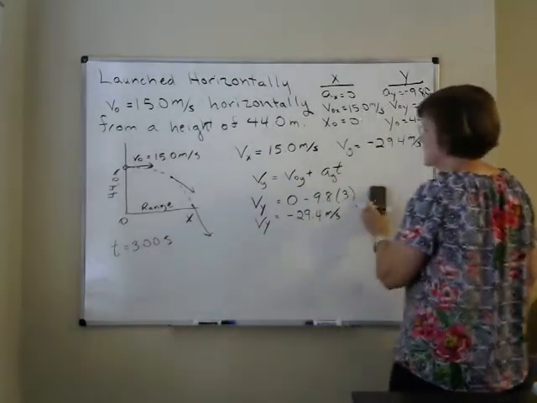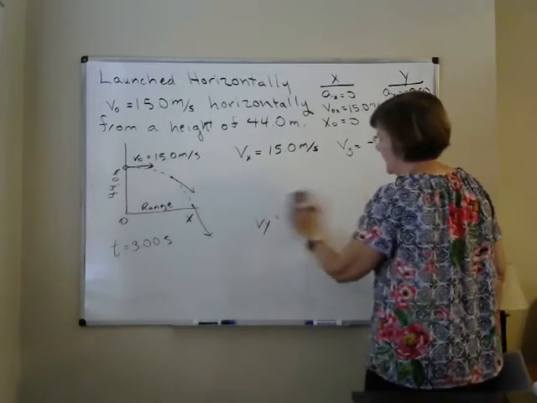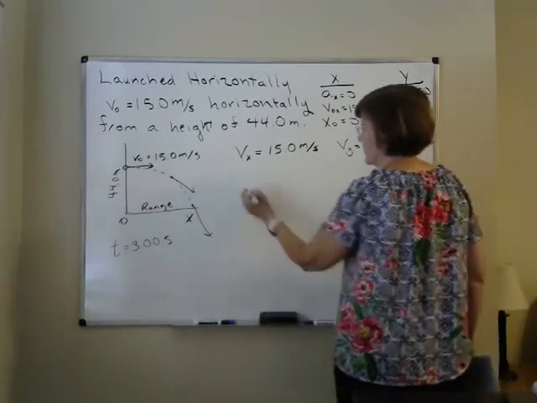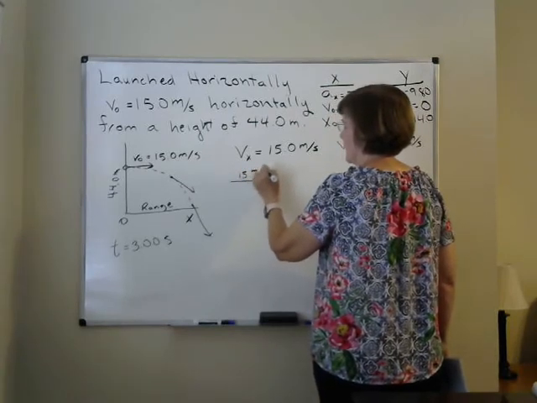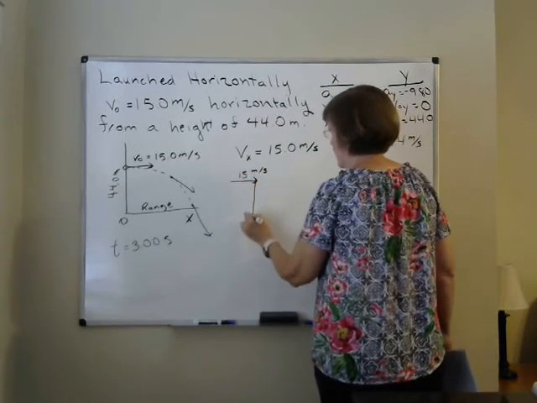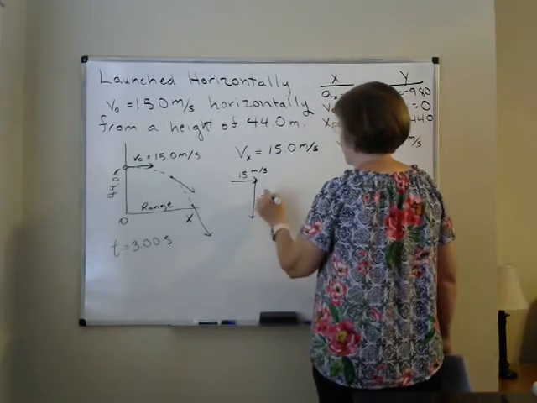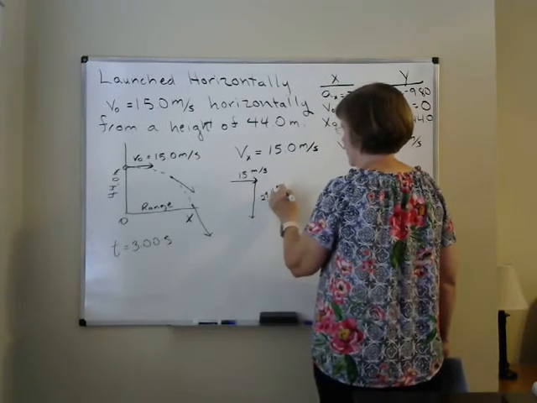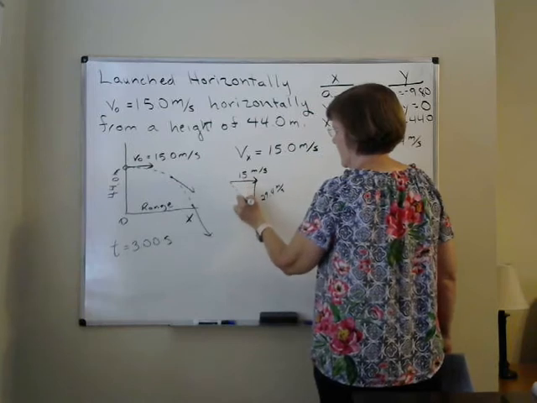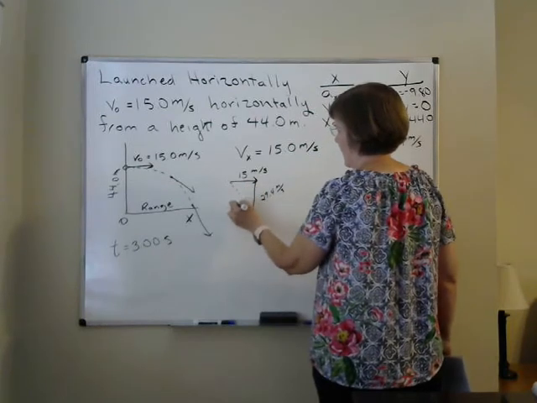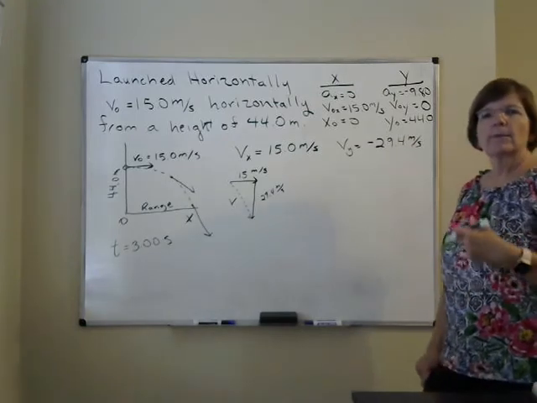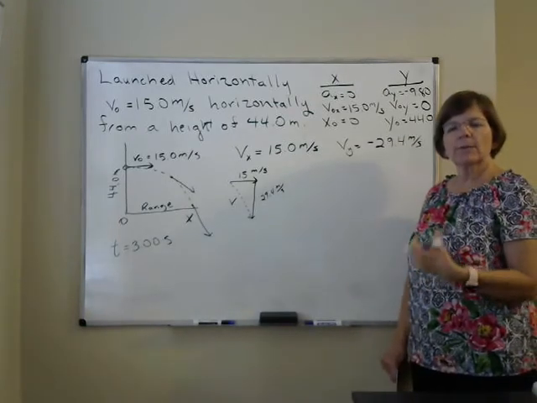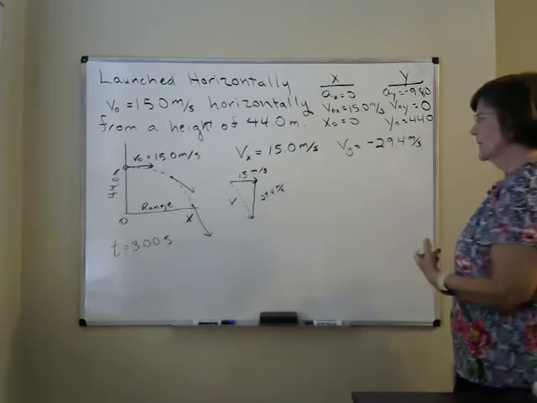How do you put those together? Well, that's actually pretty easy. That's just a vector sum. You've got 15 meters per second this way. You've got 29.4 this way. And you can see that sum right there. Anytime we add horizontal and vertical components, it's just the Pythagorean theorem.